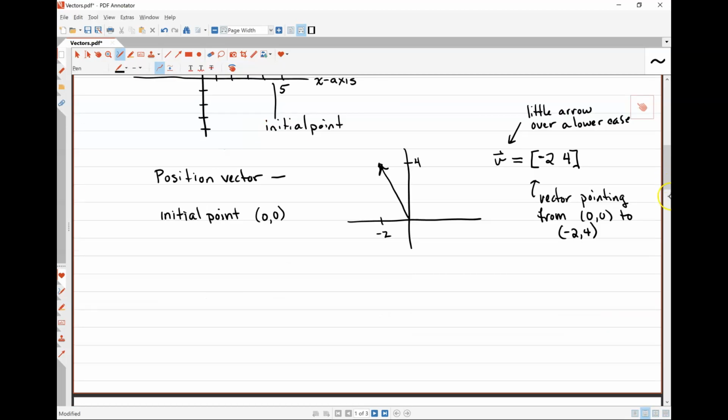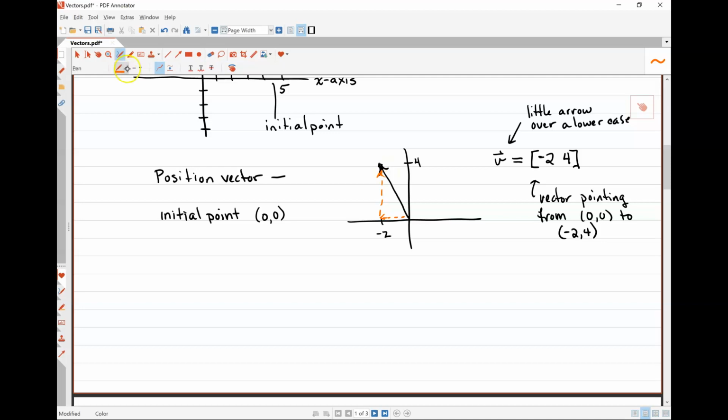Okay, so there's different ways to describe a vector. One of them is to say, okay, we're going to start at 0, 0 and point to -2, 4. And when we think about what that really means, it's sort of like giving directions to that point, right? When we see -2, we know we mean go left 2 units on the x-axis, and when it says 4 in the y component, we know that it means go up 4.